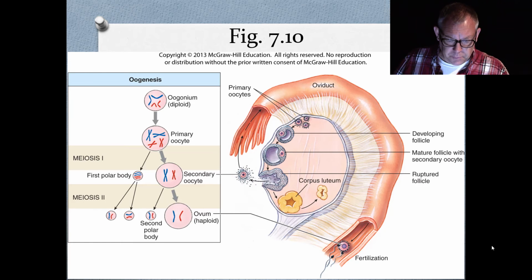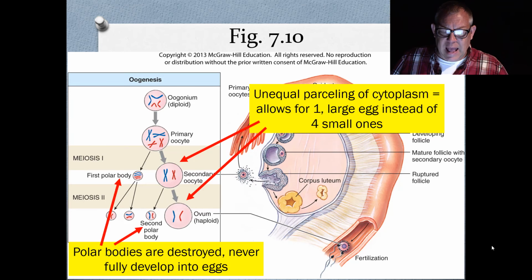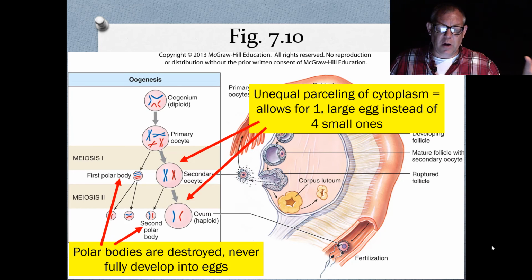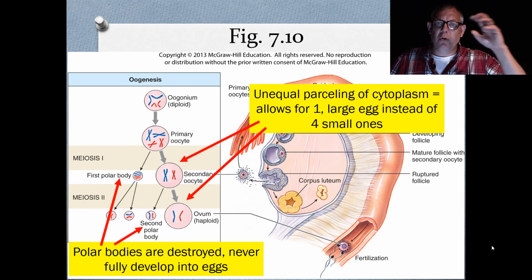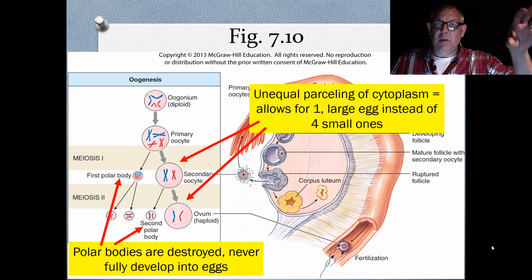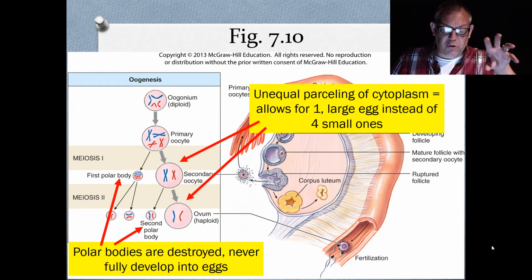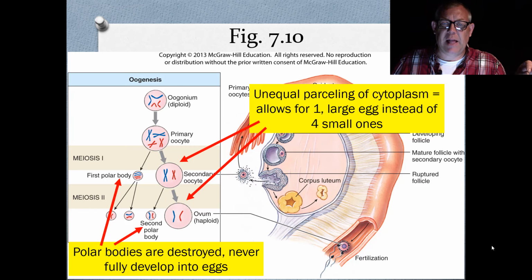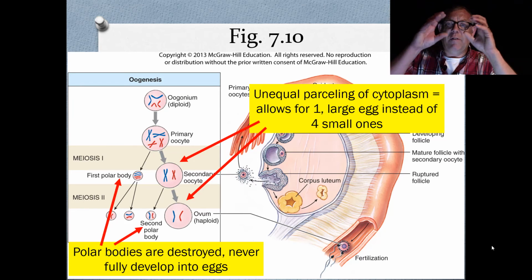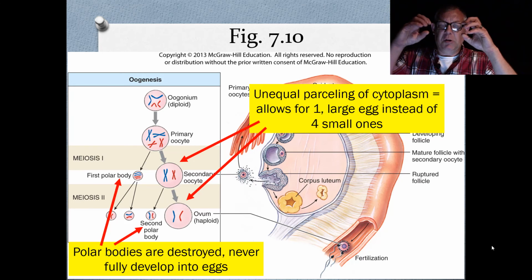Now what's interesting is that as that egg is formed, if you look over here on the left, it's showing oogenesis, and it's showing the steps of meiosis that you're familiar with. But what they're trying to show you here is that there's an unequal parceling of the cytoplasm. We're used to meiosis where you have that first cytokinesis, and you've got 2 cells, and then each of those goes through cytokinesis, and then you've got 4 cells.